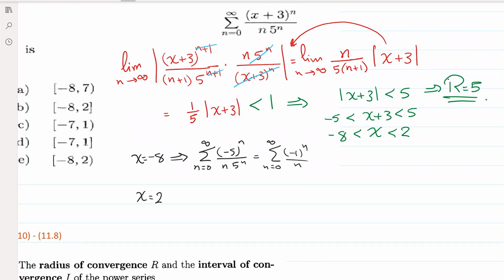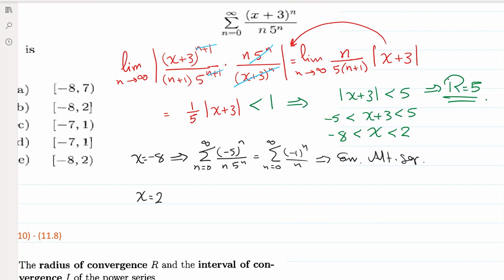And as you know, this is a convergent alternating series, right? It is decreasing with positive terms and it goes to 0. If it were just 1 over n, it would diverge, as a harmonic series or p-series. Okay, it will diverge.